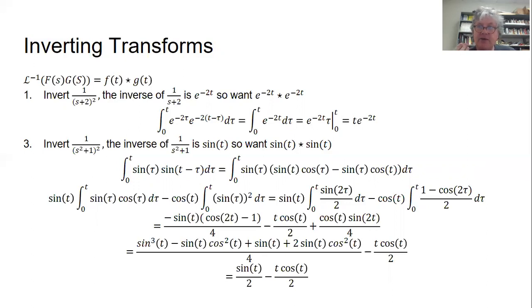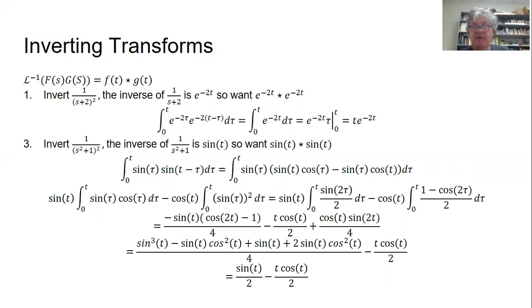Okay, now this is an integral with respect to tau, so we can pull out all the functions of t. And so we're integrating sine times cosine and integrating sine squared. The standard thing there is to note that sine times cosine is sine 2 tau divided by 2, and sine squared of tau is (1 minus cosine 2 tau) over 2. You might remember that from Calc 2.